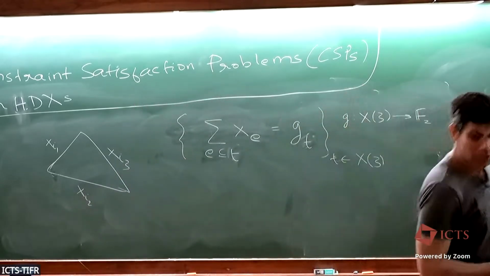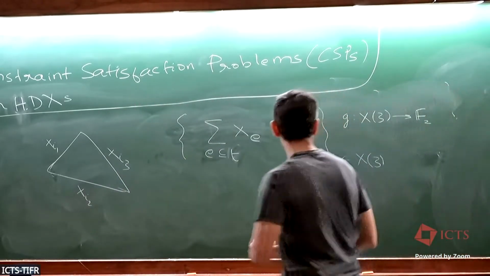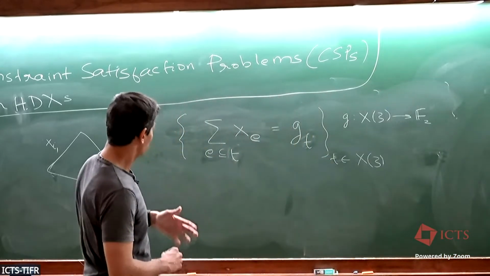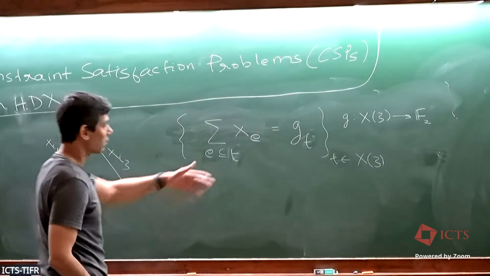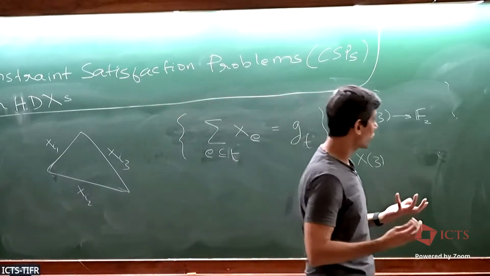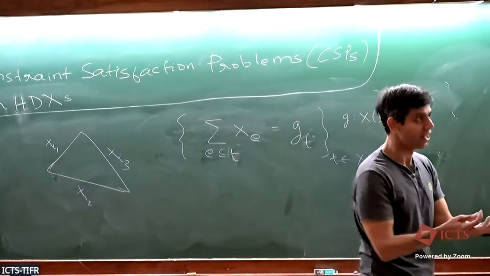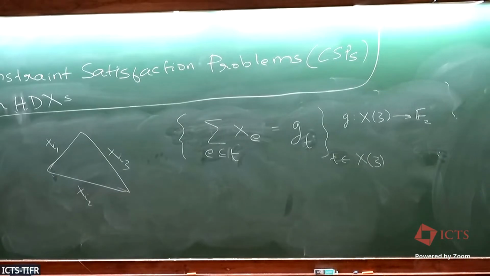Okay, so I have to choose some complex. I have to choose some g, and then say that this can actually lead to a hard instance, and then I have to prove that algorithms cannot solve this instance. As I said, we want to study basically how HDXs lead to hard instances.